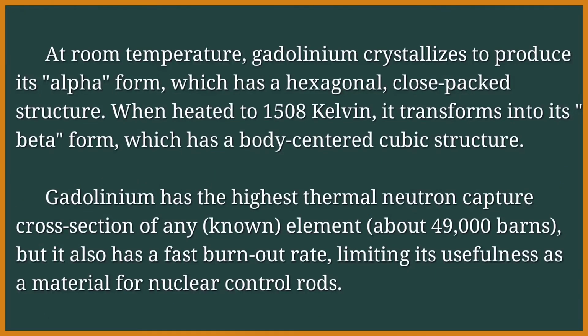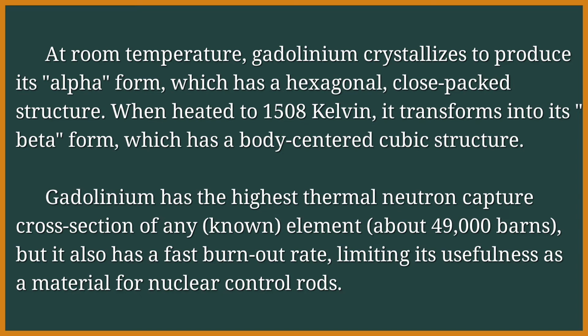At room temperature, gadolinium crystallizes to produce its alpha form, which has a hexagonal close-packed structure. When heated to 1508 Kelvin, it transforms into its beta form, which has a body-centered cubic structure.